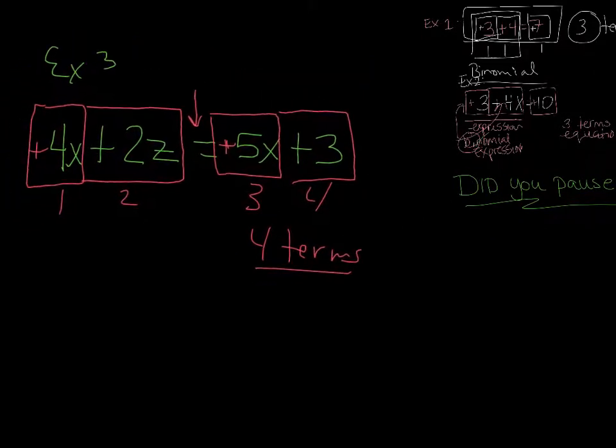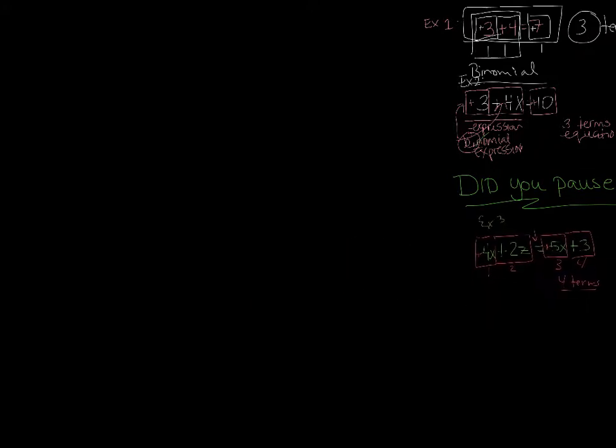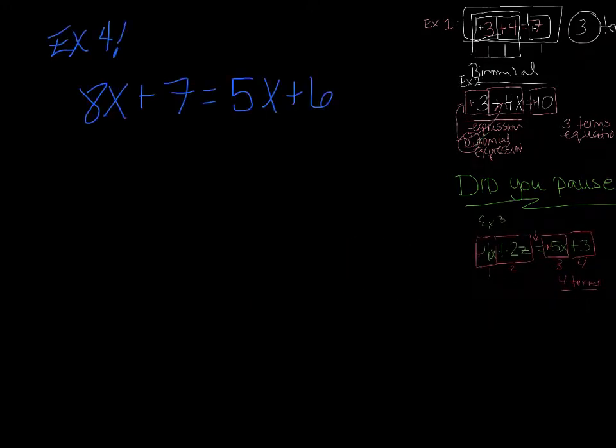Okay, another one for the memory bank. All right, let's do an example 4. But this time it's your turn. So write that down and box them out and tell us how many terms are in this equation. What you're going to do is tell us how many terms by standing on your chair and clapping that many times.